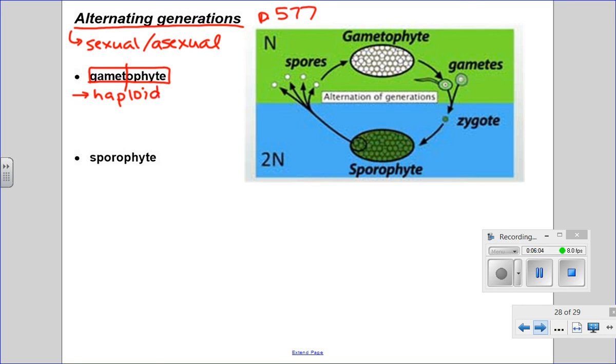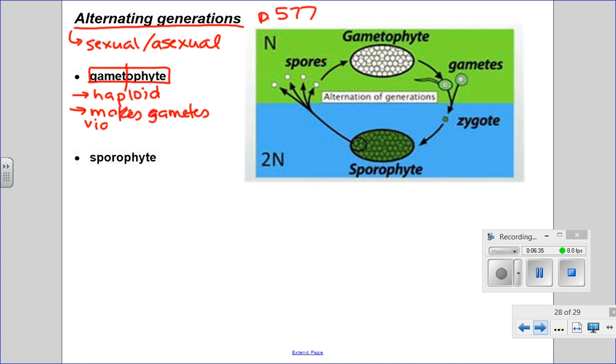So if you look at the picture, it's got a color coding on it, and it's very similar in the textbook. There's a color coding on it as well. But the gametophyte is haploid. It has half the regular number of chromosomes. The gametophyte makes gametes here via, I could write these words here.